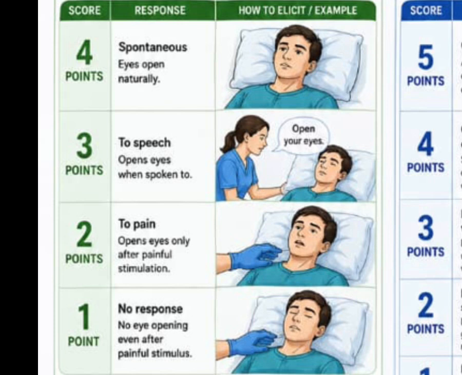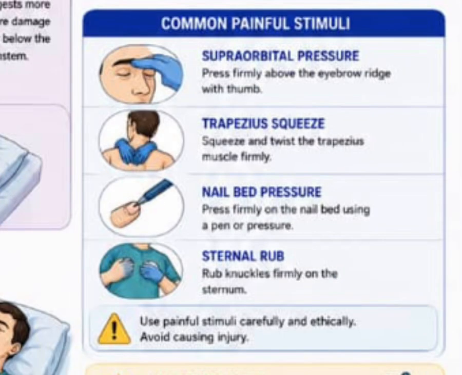I told you that it is calibrated from 1 to 4. So what is 1? No eye response. Maybe the patient came and the patient has no eye response, despite you inflicting pain. Pain can be applied in so many directions. It can be applied on the nail bed.